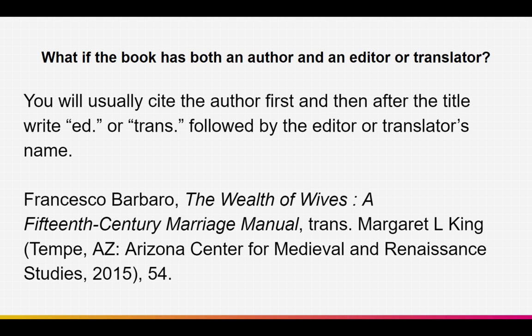So right here we've got Wealth of Wives, which was written by Francesco Barbaro, but it was translated by Margaret L. King. So we're going to put Barbaro first, then the title, then right after, the abbreviation for translator, we'll put Margaret L. King, and it'll be right after the title, but before the publication information. And you can see right here where you put the translation abbreviation.